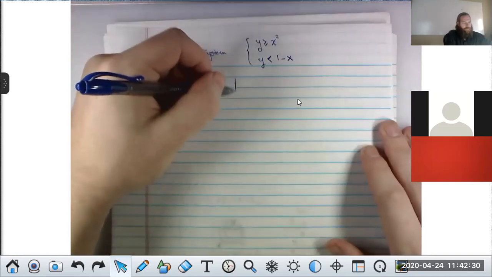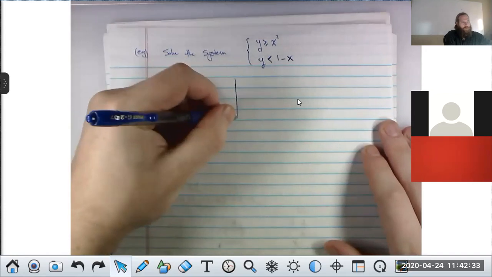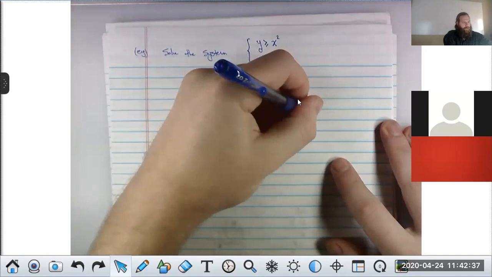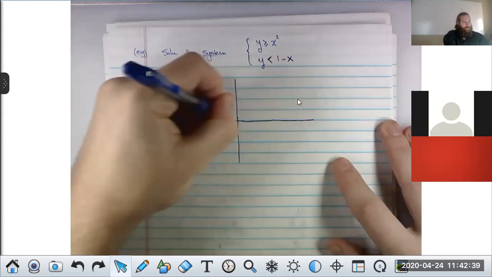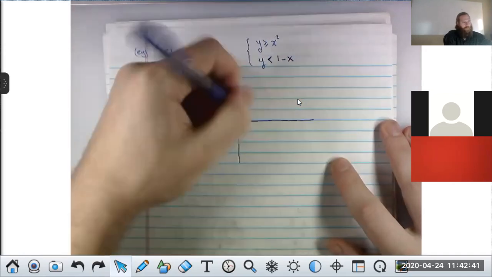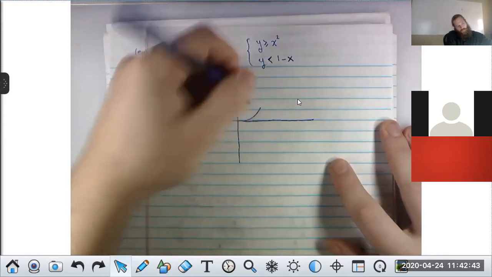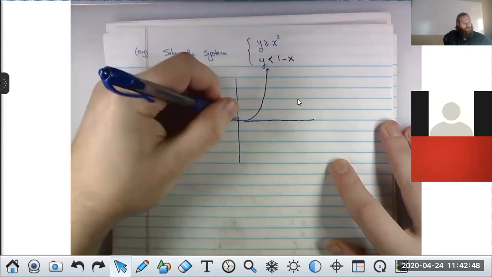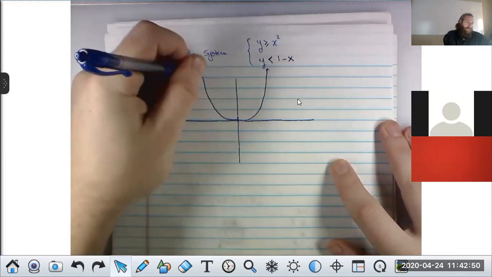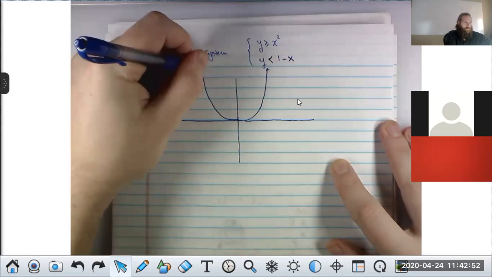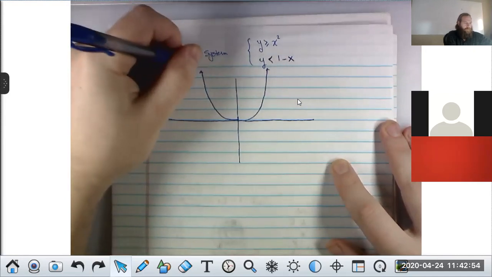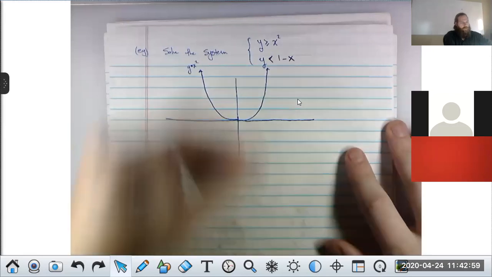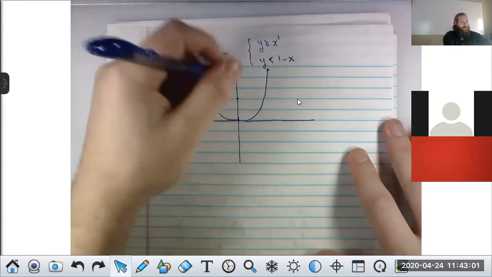The corresponding equation for that first one is y equals x squared. And we know what that looks like. y equals x squared is a parabola, looking like this. And y equals 1 minus x, that's a line with slope negative 1 and y-intercept positive 1.